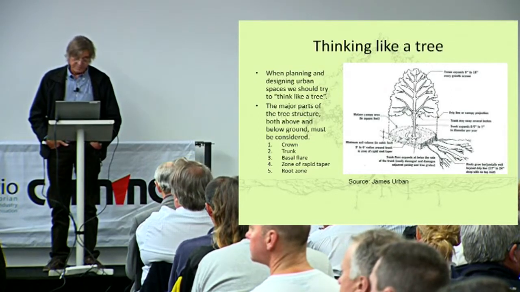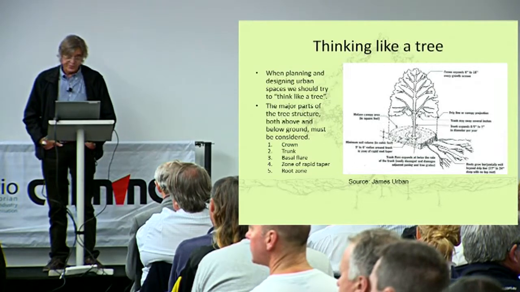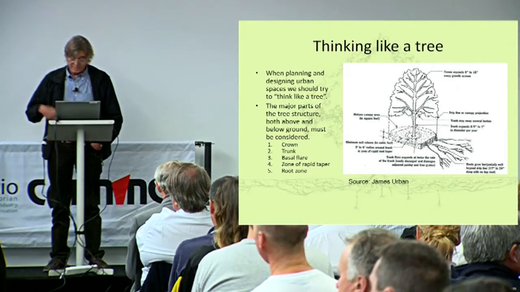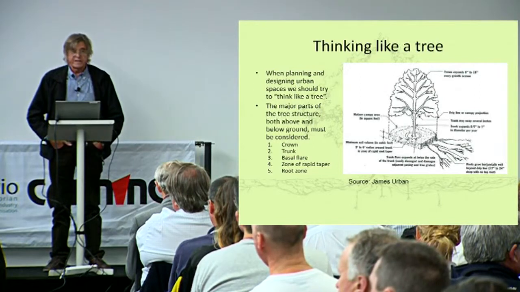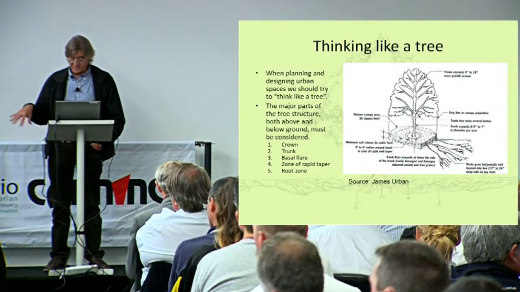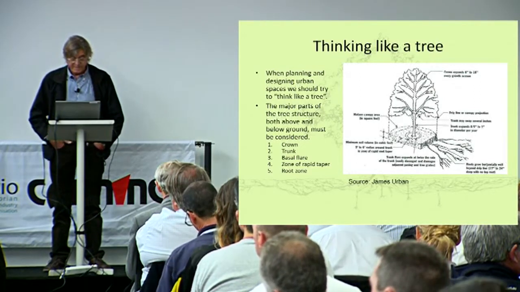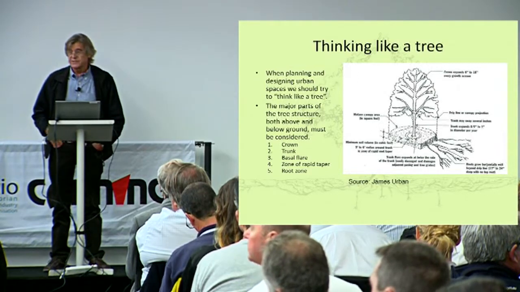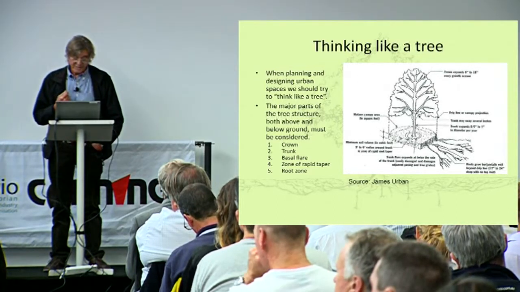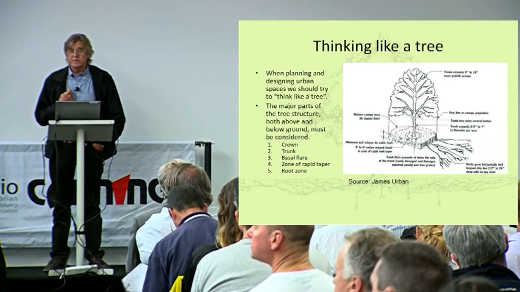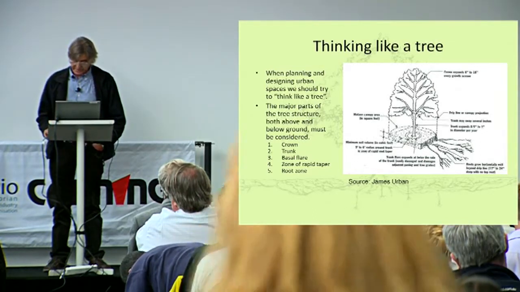The tree crown, how much space it's going to occupy, the trunk, how thick it's going to be, basal flare, how the tree relates to the ground surface around it. The zone of rapid taper around the tree, which is the structural root zone, and the actual root zone itself, how much space below ground the tree needs to survive and grow.